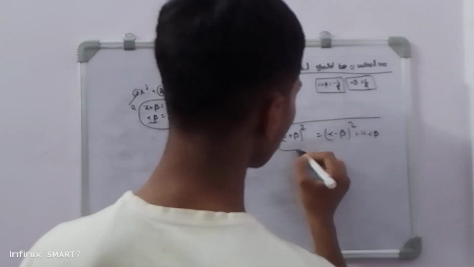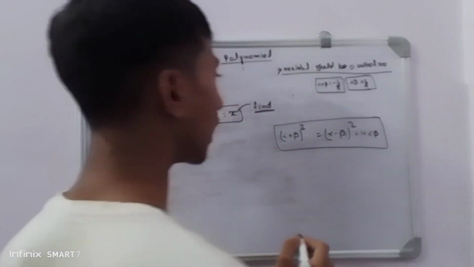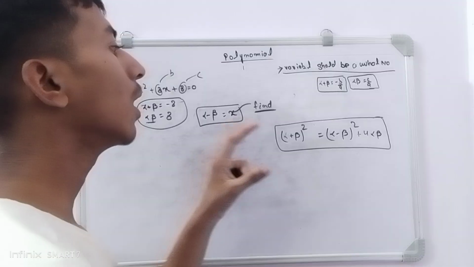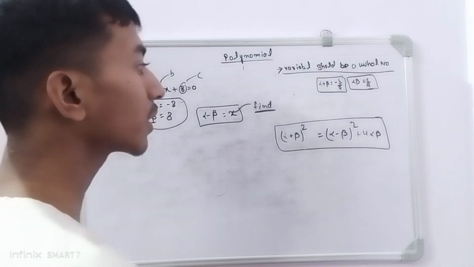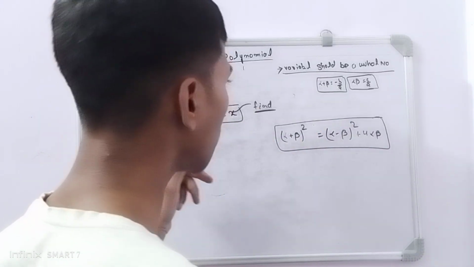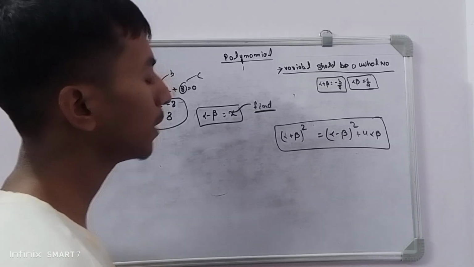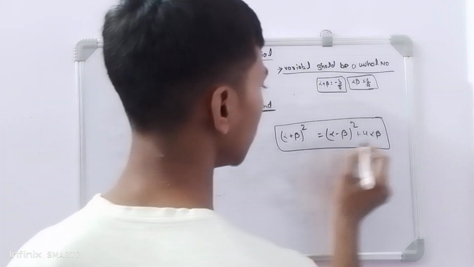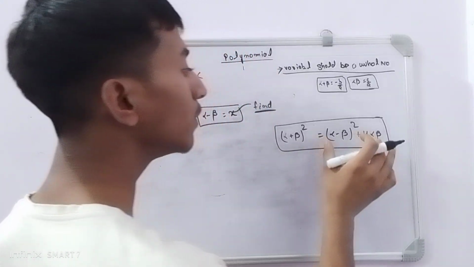So this is going to be a new identity for class 10 for solving such problems, or finding the value of alpha minus beta, because this is the new identity which you will get.